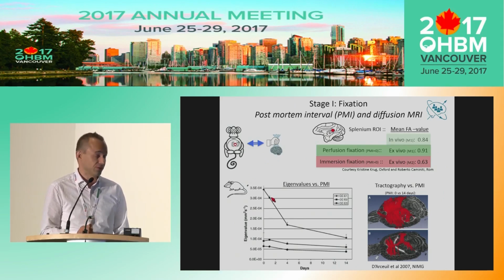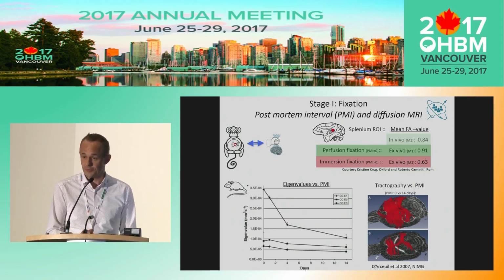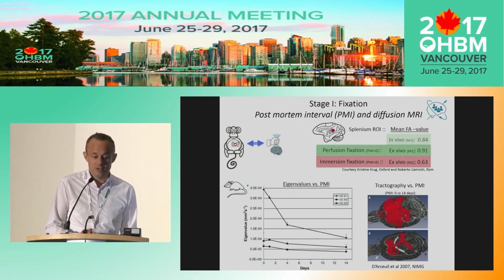That could be, for example, the loosening of the myelin lamellae in white matter. It can also be seen in tractography. At post-mortem interval 0, they did the tractography from the corpus callosum, and you can see nice tract streamlines here. And after 14 days, the brain has degenerated so much that you cannot really do tractography.